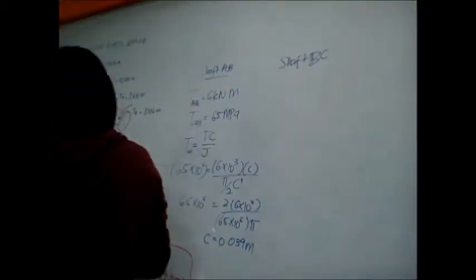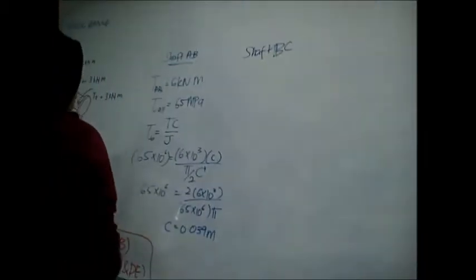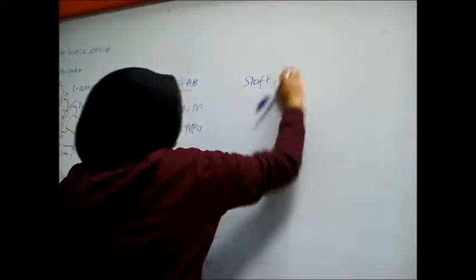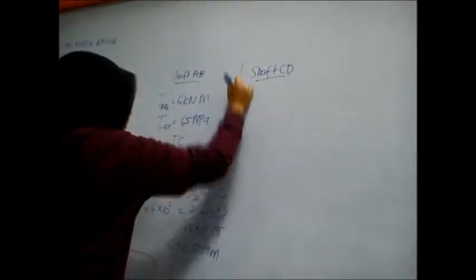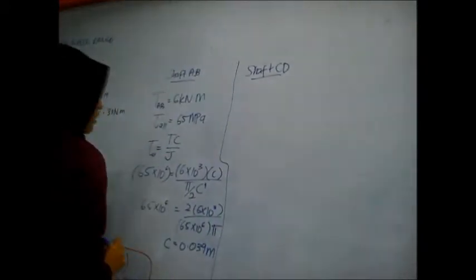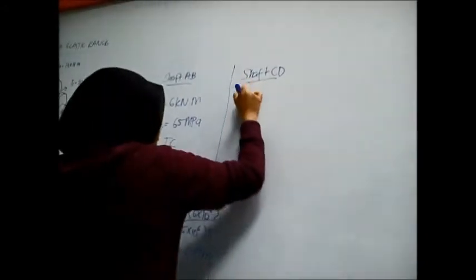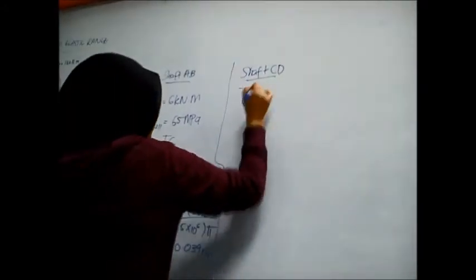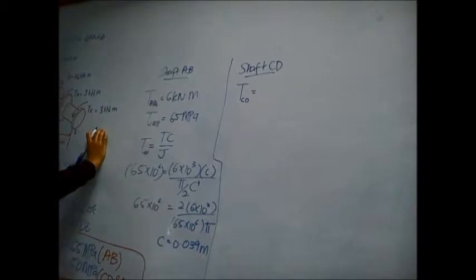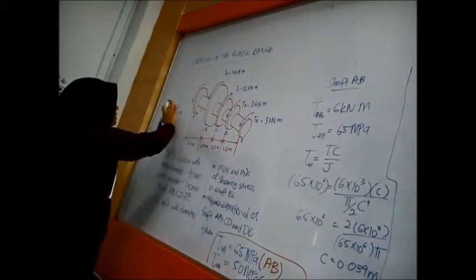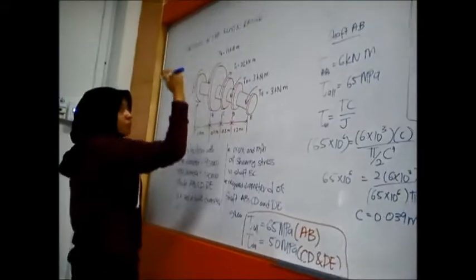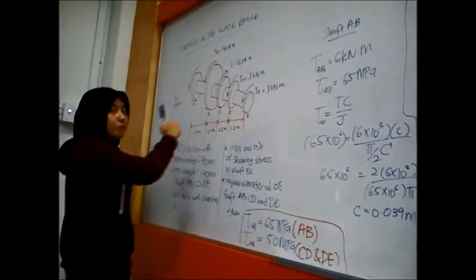Then for shaft CD, the torque at CD will be, as we went over here, from left to right, 6 kilonewton meter. We assume that the moment to the left will be positive.